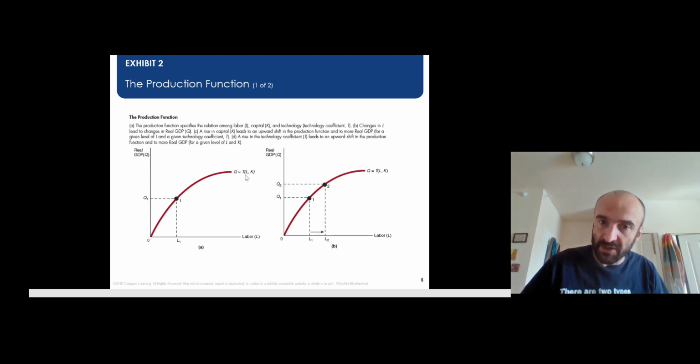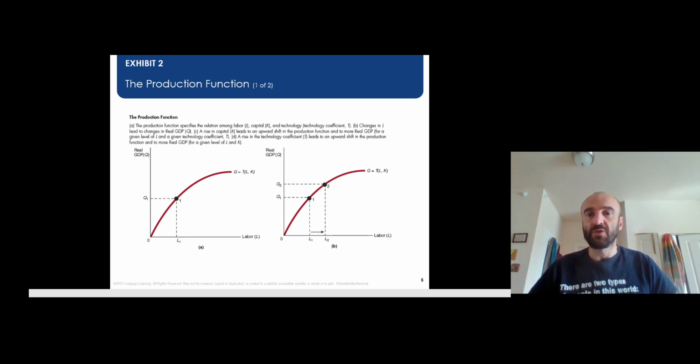Which means that an increase in any one of them will lead to higher real GDP, to higher productivity. So you have three factors that need to cooperate. You cannot produce anything just by telling some workers to work and produce. You need to give them capital, machines, goods, and resources, and you need to use certain technology to allow the process to work.